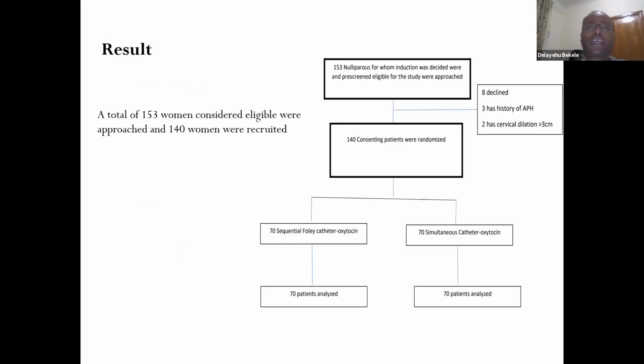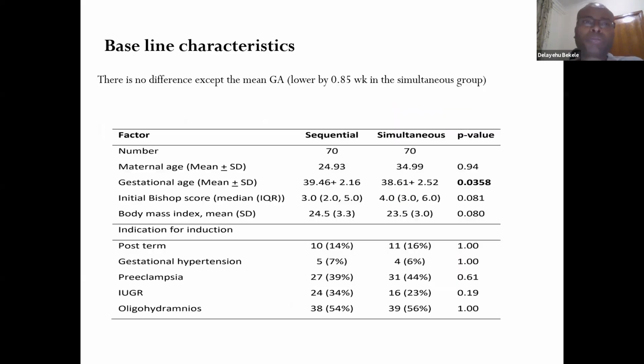When we come to the results, a total of 153 women were considered eligible for the study and were approached, and 140 women were recruited, 70 in each group. 13 patients were excluded because 8 declined, 3 had a history of APH on deeper digging of their history, and 2 had cervical dilatation greater than 3 centimeters on further examination.